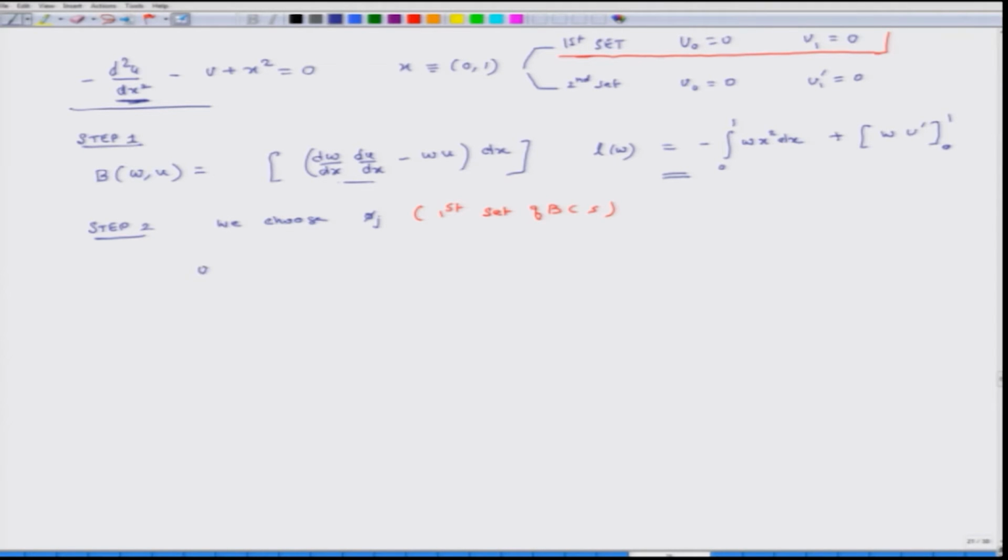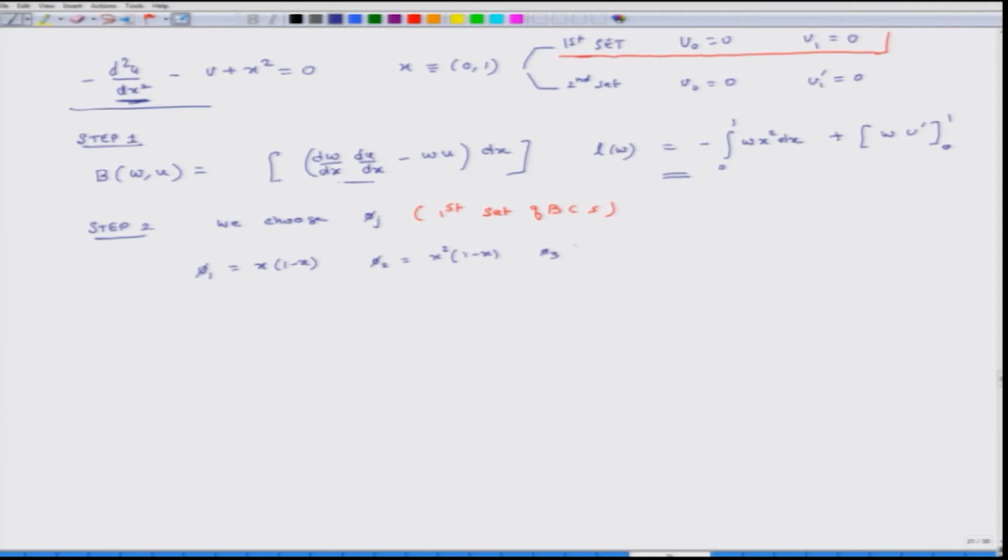So, this is what we are going to choose. Phi 1 is equal to x times 1 minus x. This is 0 at both ends. Phi 2 is equal to x square times 1 minus x.